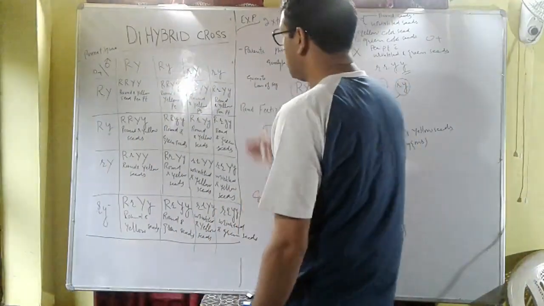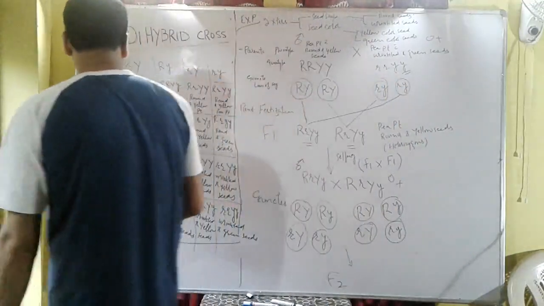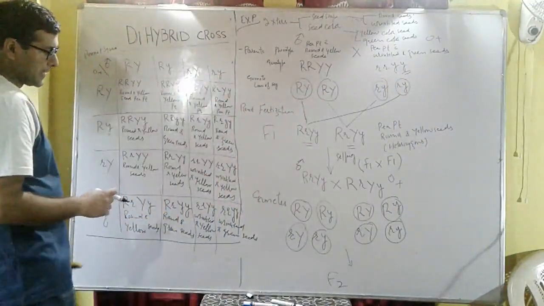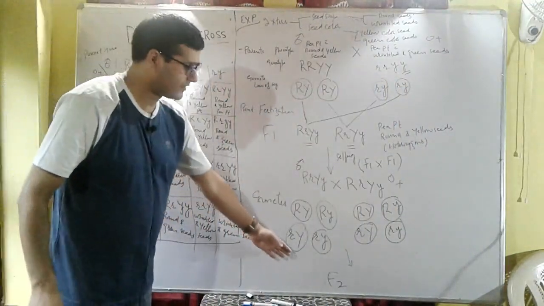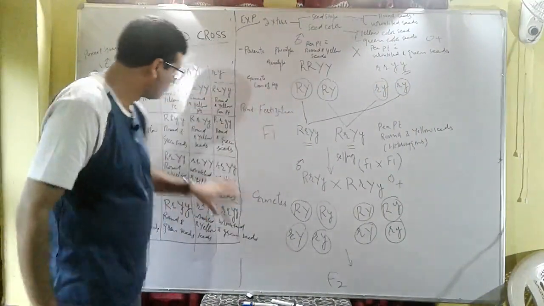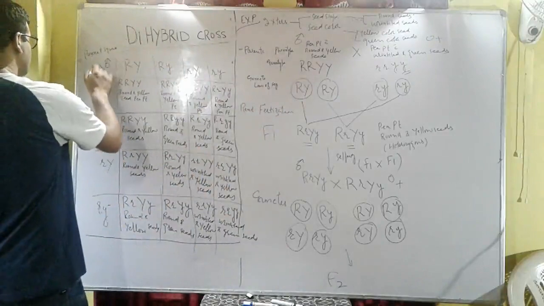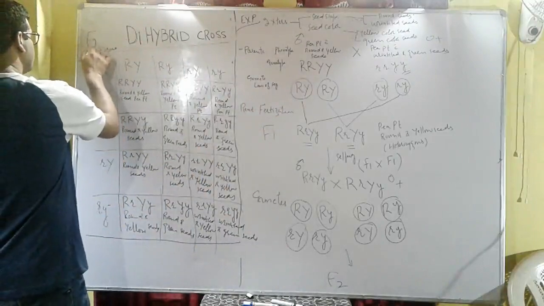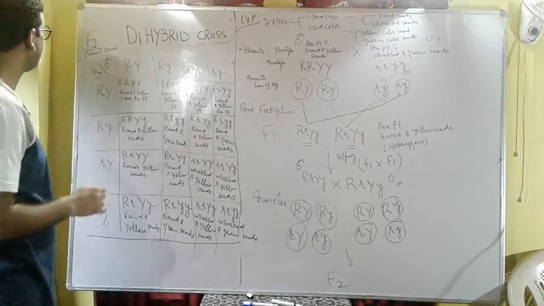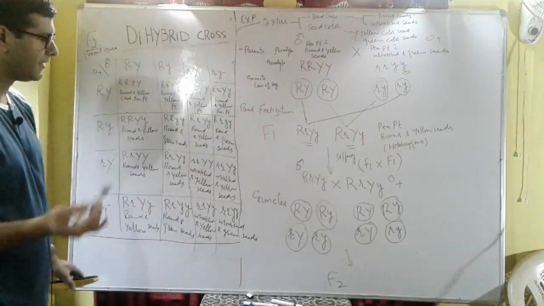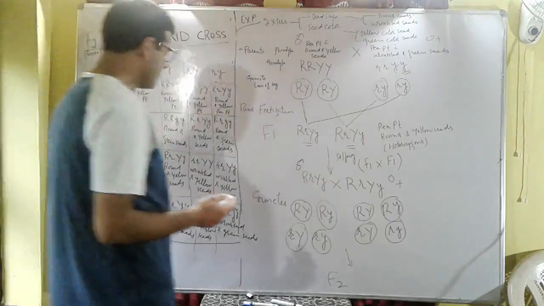So this was the F2 generation. This is what is called the F2 generation, the second filial generation.